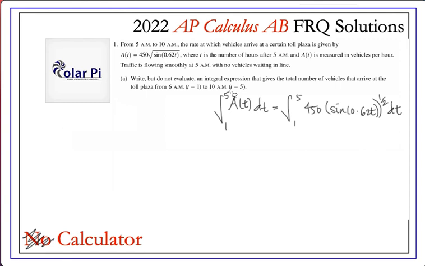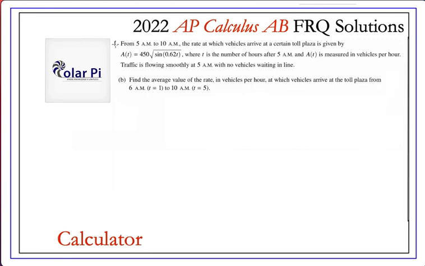Part B. Basically they're asking us to find the average value of A of t. Now we know for any function on an interval a to b, the average value is 1 over b minus a times the integral from a to b of whatever function of concern, f of x.